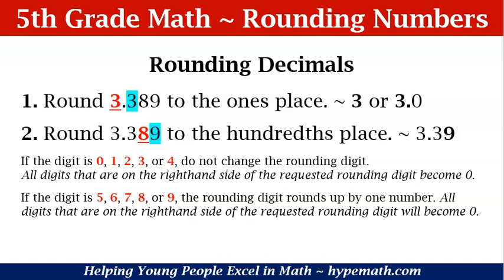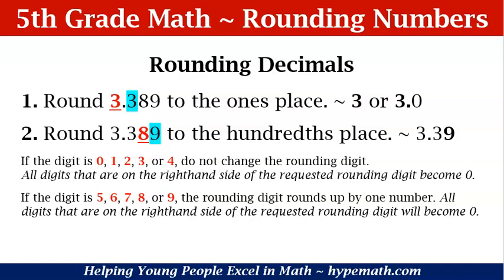For the number in the ones place, the number immediately to the right is another 3 in the 10th place. Since it is a 3, we know based on our rounding rules that the value does not change and everything else to the right of it becomes 0. So 3.389 rounded to the ones place is either 3 or 3.0.